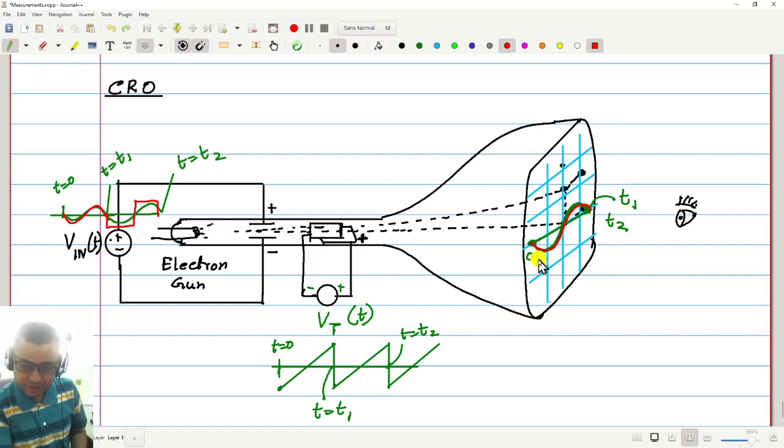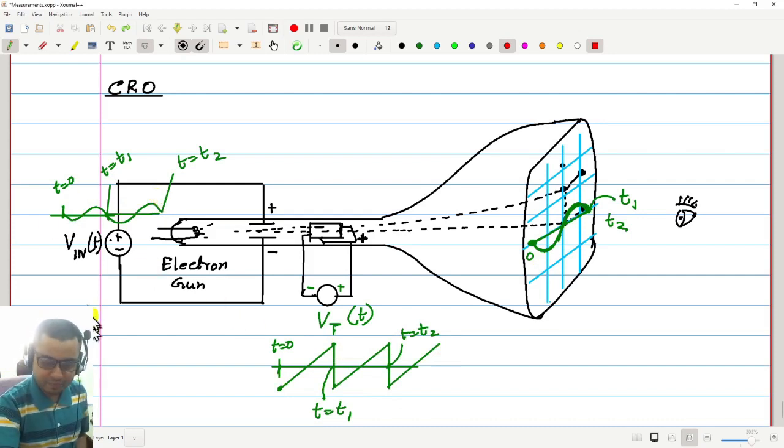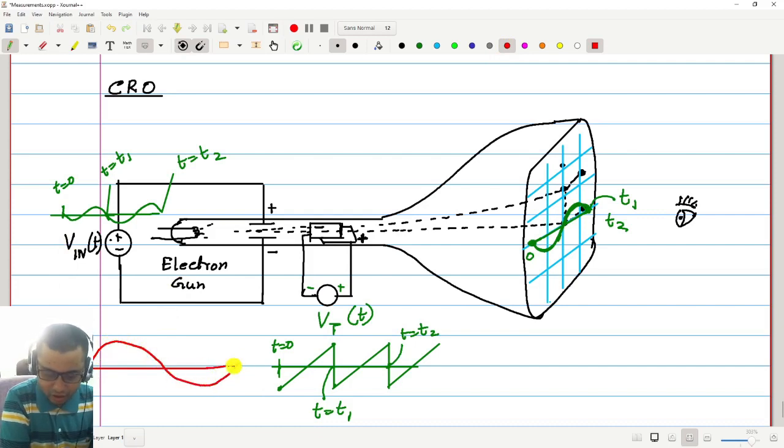And also, suppose this frequency and this frequency are not the same. Okay, so let me take a case where this Vin has a frequency which is like this.